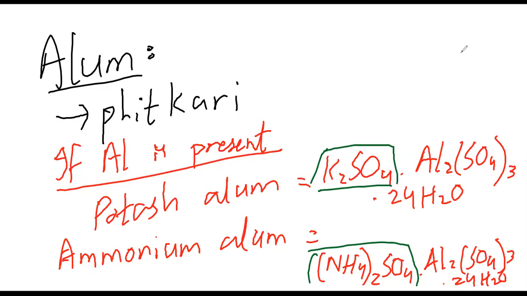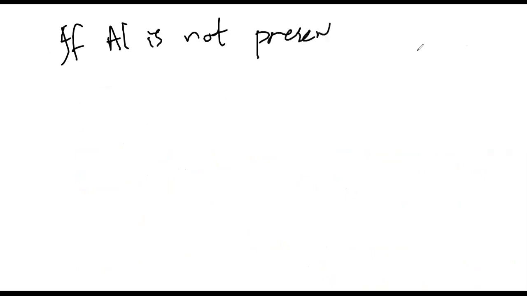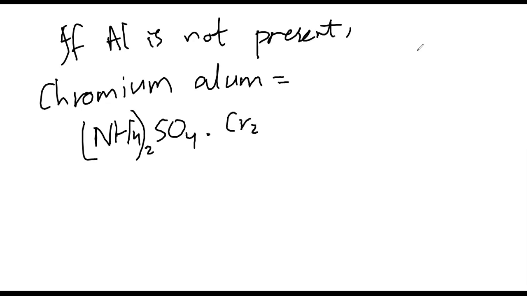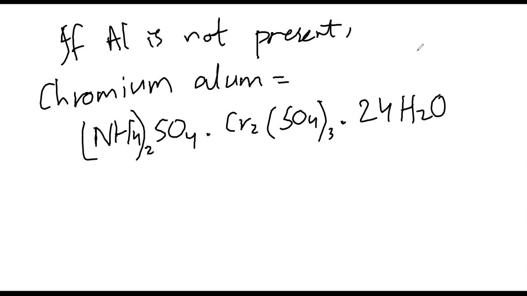Now I'm talking about alums without Al. If Al is not present, there is chromium alum: (NH4)2SO4, Cr2(SO4)3, chromium's valency is 3, dot 24H2O.